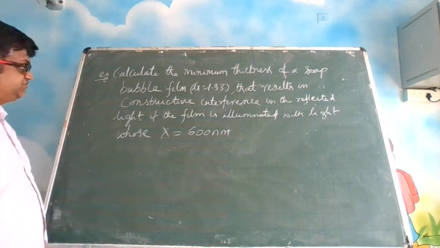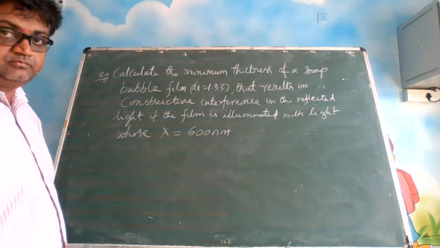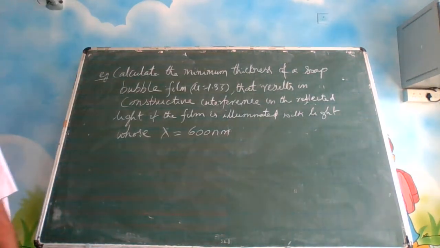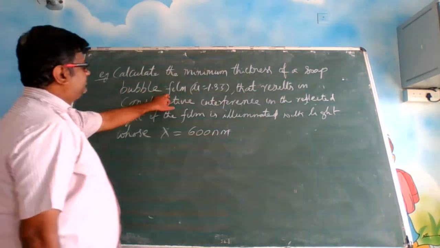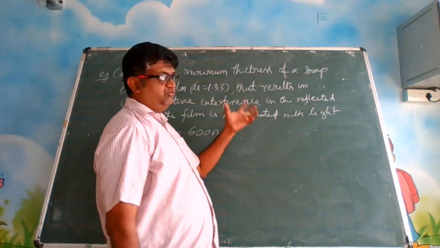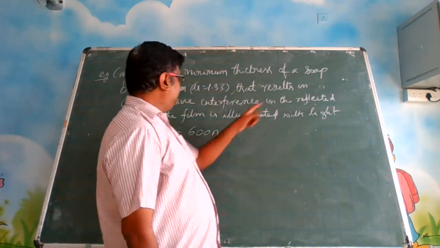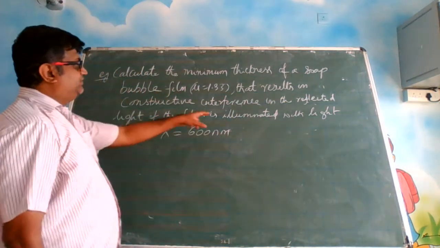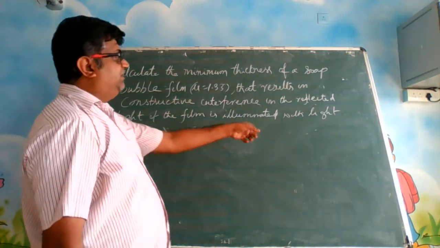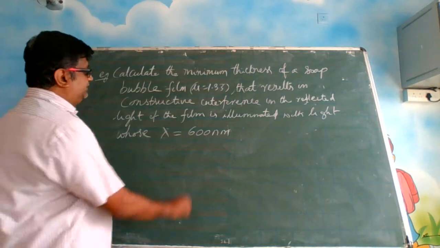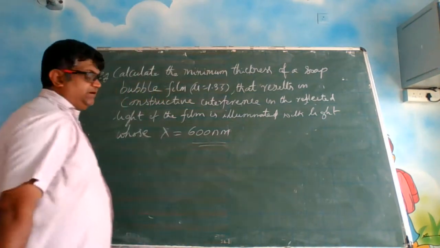So let us see this question. Calculate the minimum thickness of a soap bubble film, with mu 1.33 for the soap medium, that results in constructive interference in the reflected light if the film is illuminated with light whose wavelength is 600 nanometer.